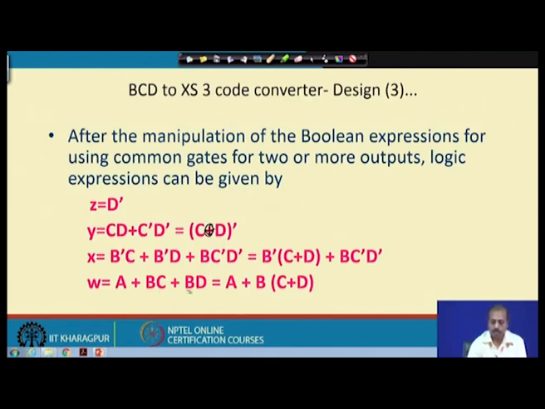Then A plus B C plus B D, we can take B common, and C plus D comes as a common function. So, this C plus D can be taken as the common function for doing the manipulation, and then we can realize the circuit.